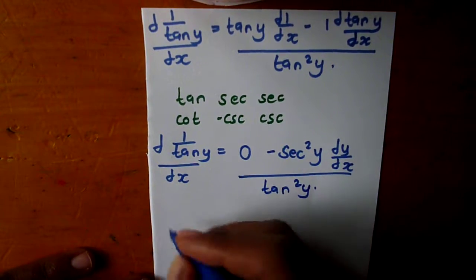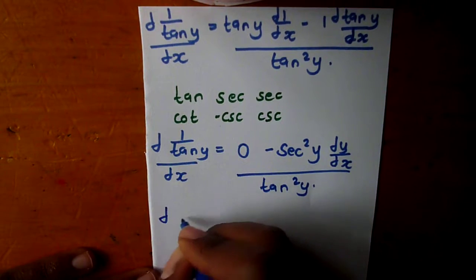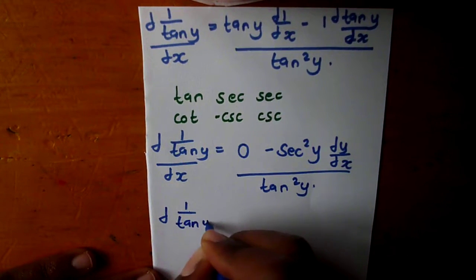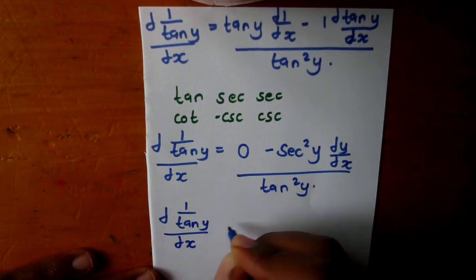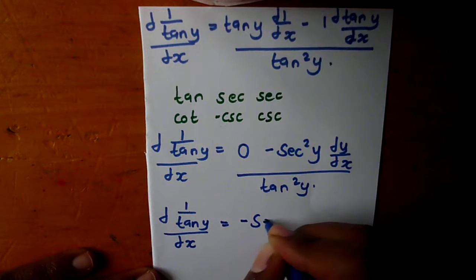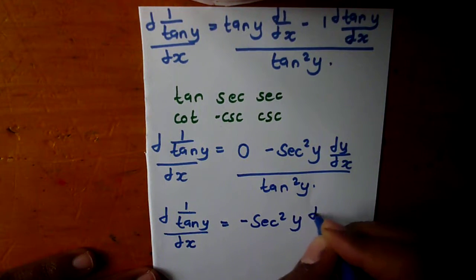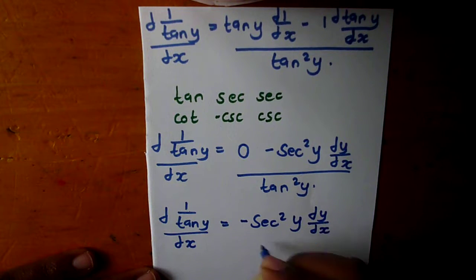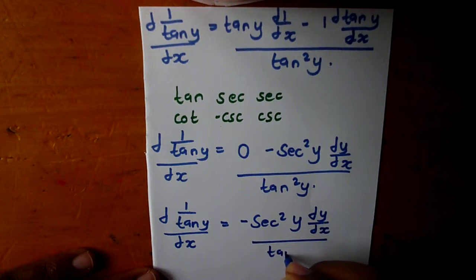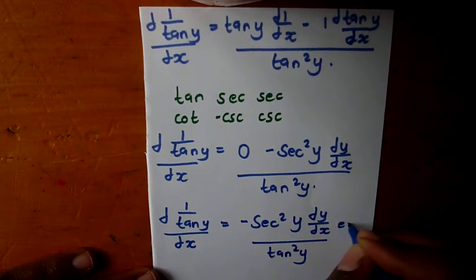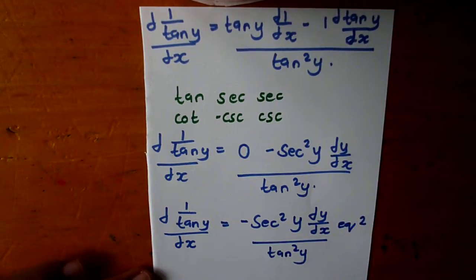So this is our second equation: the derivative of 1 over tan y with respect to x equals negative sec squared y dy over dx all over tan squared y.